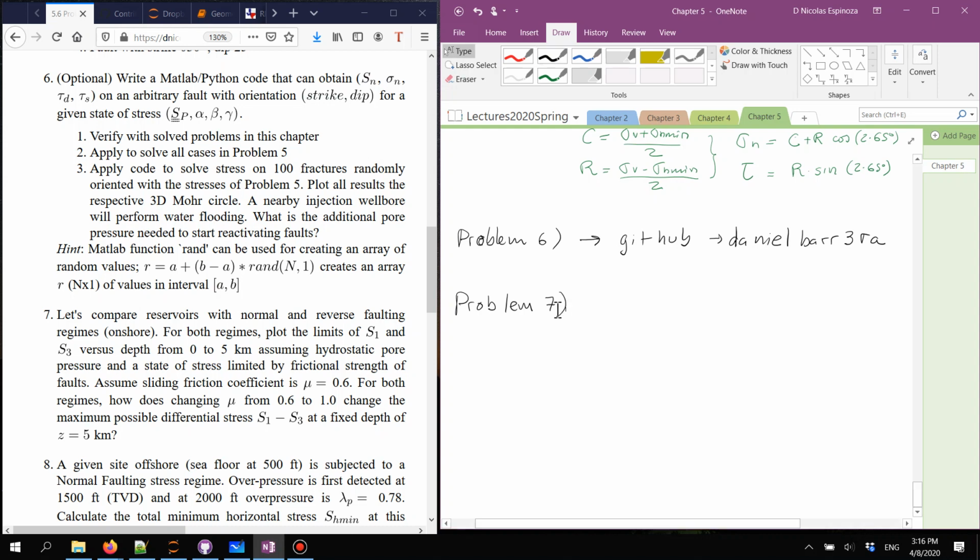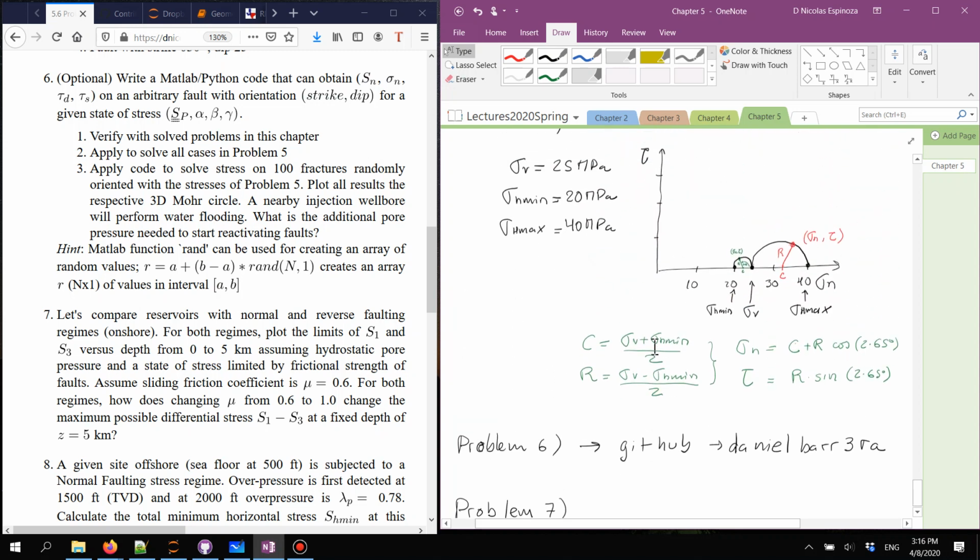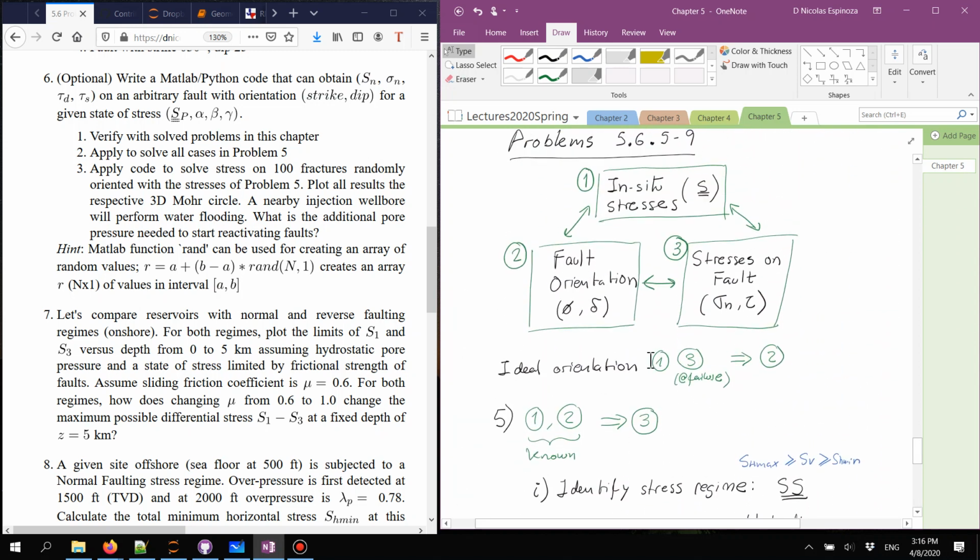If we come back to the diagram that I showed before, in this case we are assuming that we are at the critical orientation of a fault, and we're also assuming that that fault is at failure. So by assuming these two, I want to calculate what is a possible state of stress, or what are the limits of state of stress that are compatible with this condition of stress on the fault at failure.